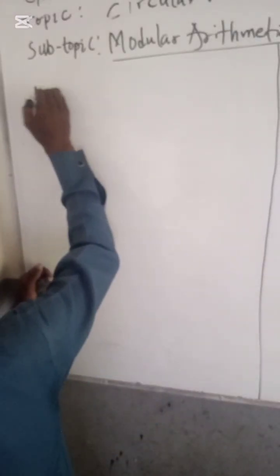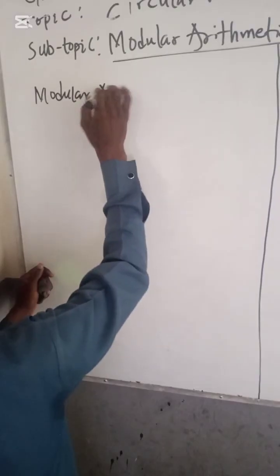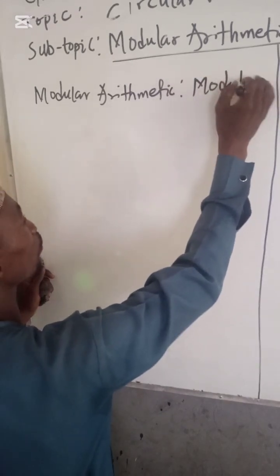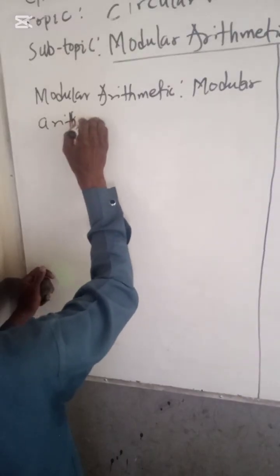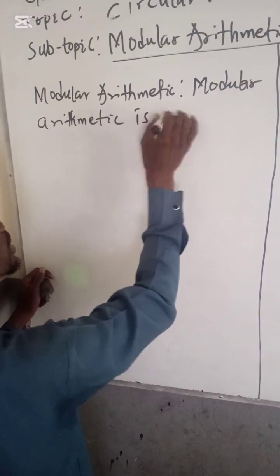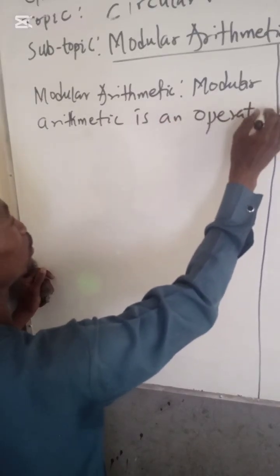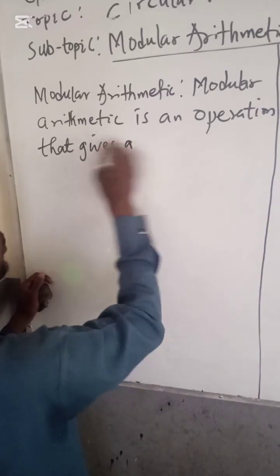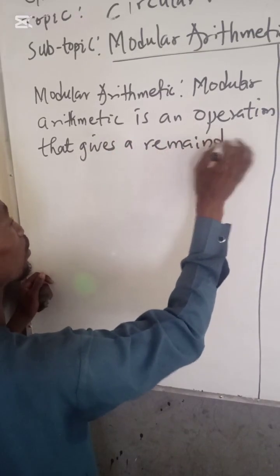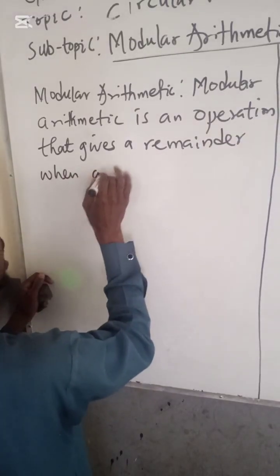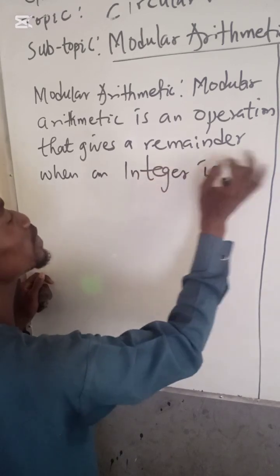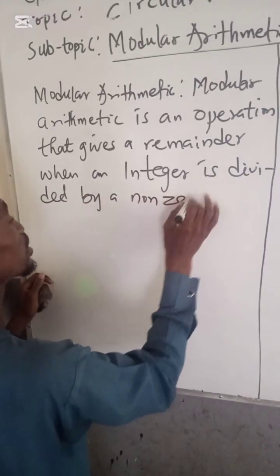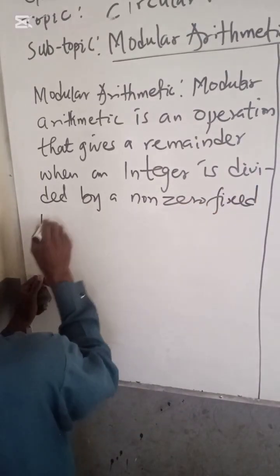Look at it. Modular arithmetic is an operation that gives a remainder when an integer is divided by a non-zero fixed integer.